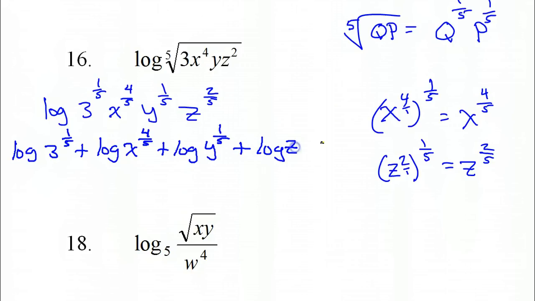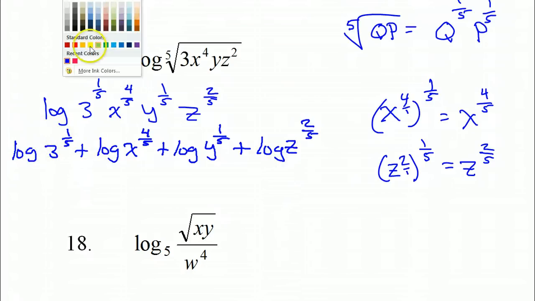Notice none of these are bases. This is not log base 3 of 1/5. This is invisible base 10 everywhere. Anyway, the last step is exponents. In expanded form, all of these exponents should be put in the front.